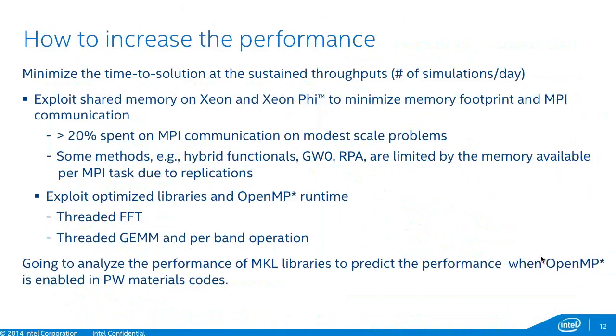How to determine that is highly problem and situation dependent, but there are some patterns we can extract from these applications, and I can go into details later, offline, and show some examples of that.